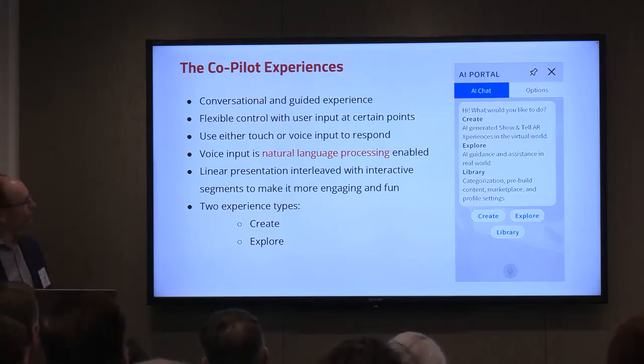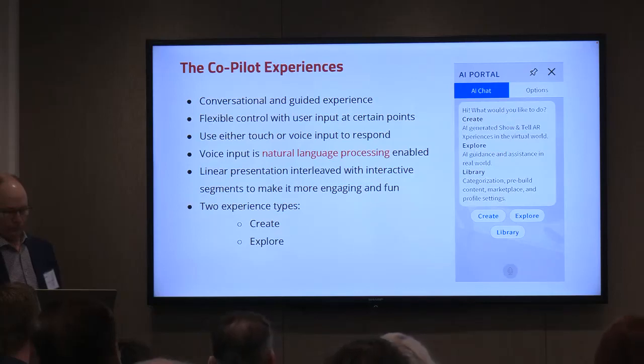That means the AI assistant will guide you through step by step, but also it will stop at a certain point and then it will ask for your input. So that means that you need to provide the input by either using the buttons on the AI portal using the touch interface, or you can also do voice input.